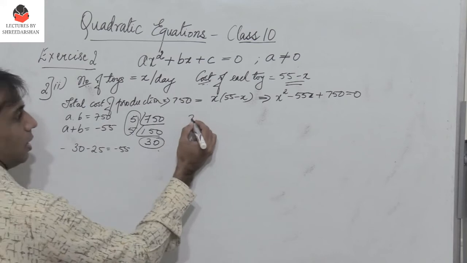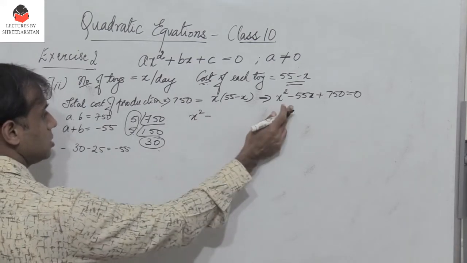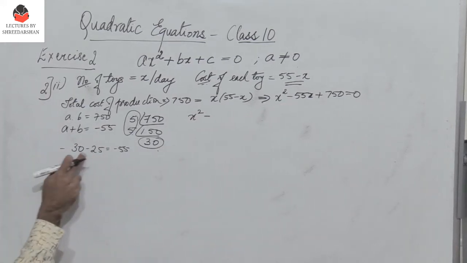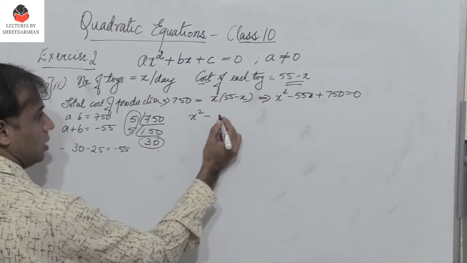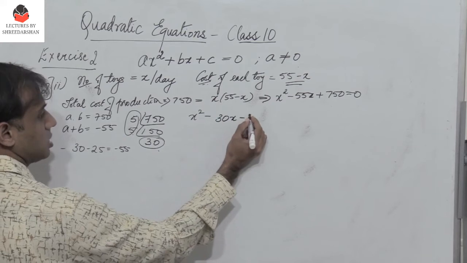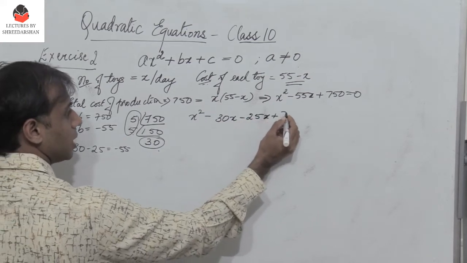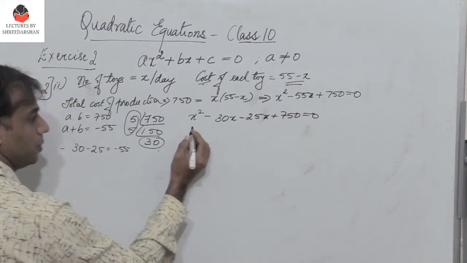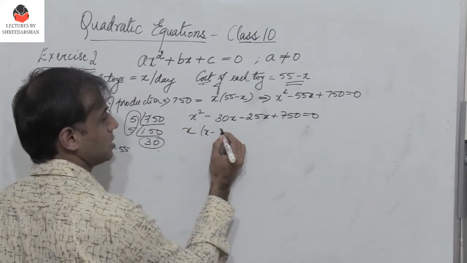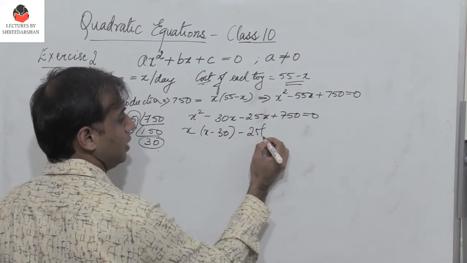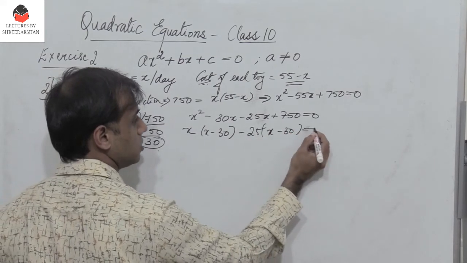So now x square minus, 55 can now be written as minus 30 minus 25. Of course this is negative. So you have x square minus 30x minus 25x plus 750 equal to 0. Take x common from the first two, so I get x minus 30 minus 25 into x minus 30 equal to 0.